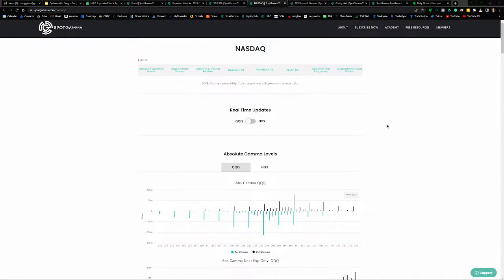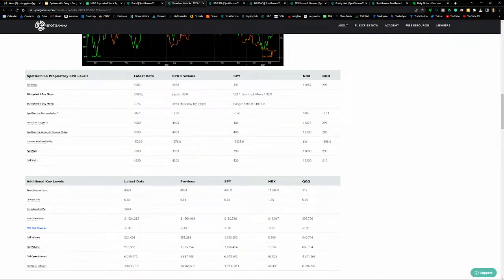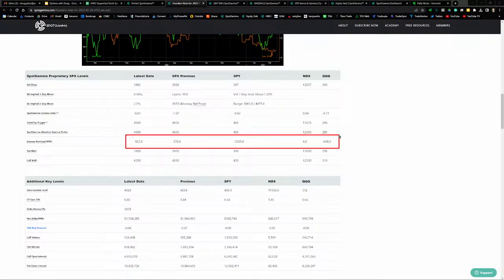All right, let's take a look at data now. The thing that I always like to look at is gamma notional. This is market makers' position on the gamma curve. SPX is shown in the left column, SPY in the middle column, and QQQ in the right column. And you can see that all these numbers are negative. This is again showing market makers' gamma notional, their position on the gamma curve.